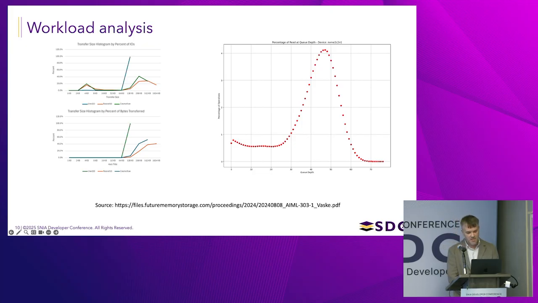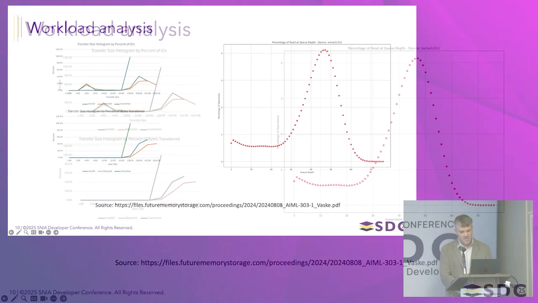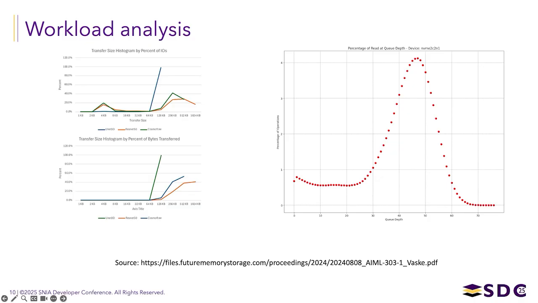Here you can see that the MLPerf Storage 3D UNet workload does only 120K block reads, and on the right part of the slide you can see the queue depth distribution with a peak of about 45.